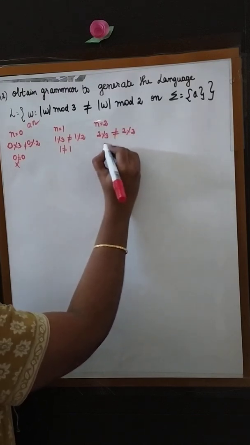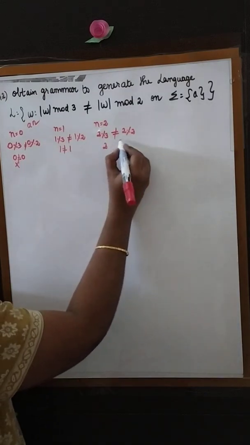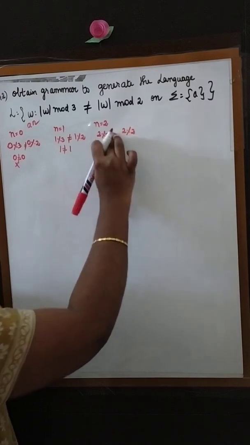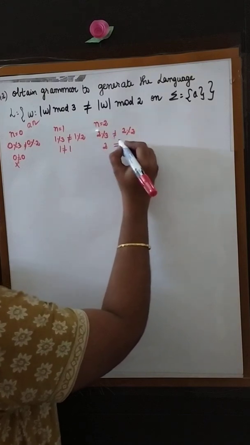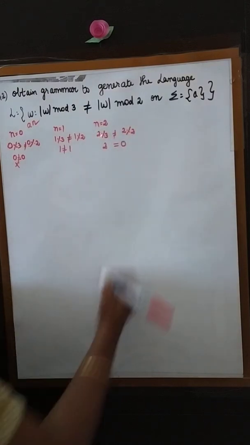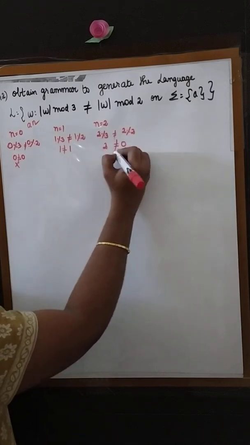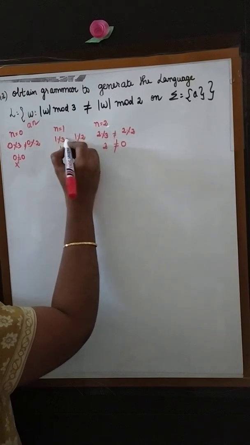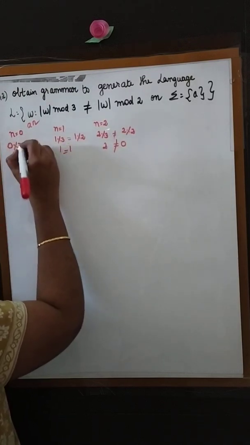I will have the remainder as 2 itself because I cannot divide it, and here I am getting 0. Yes, the condition is true, so I am taking this part.